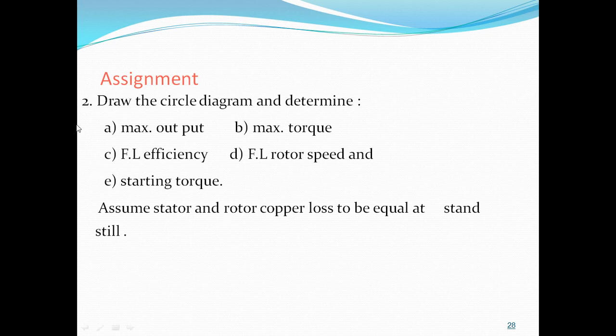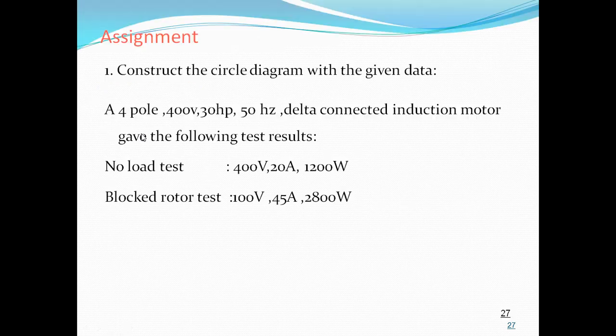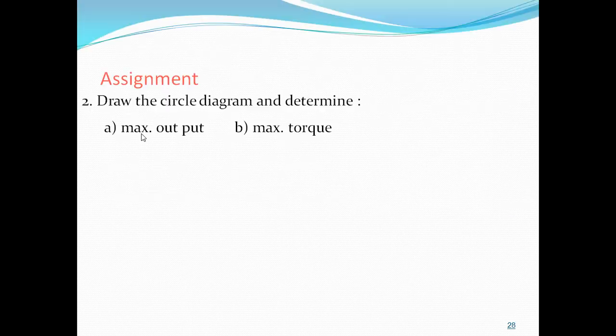So this is not a second problem, it is a continuation of that one only. By mistake it was numbered, here 2 is not there, it is for the same problem. Here what we have written: draw the circle diagram from this no load and blocked rotor test. After drawing the circle diagram, we have to calculate these parameters. It's a continuation of that one only, not a second problem.